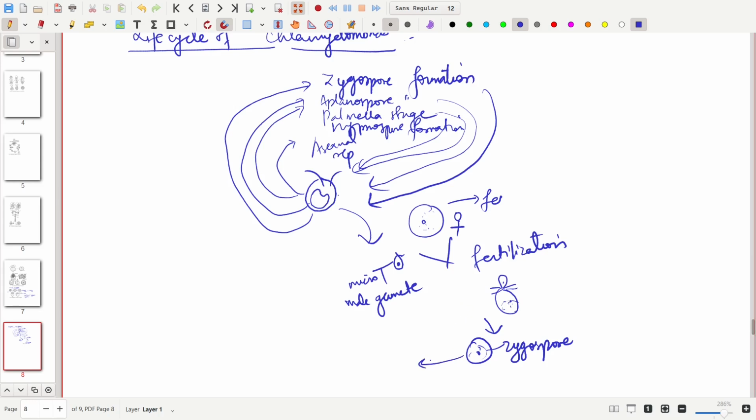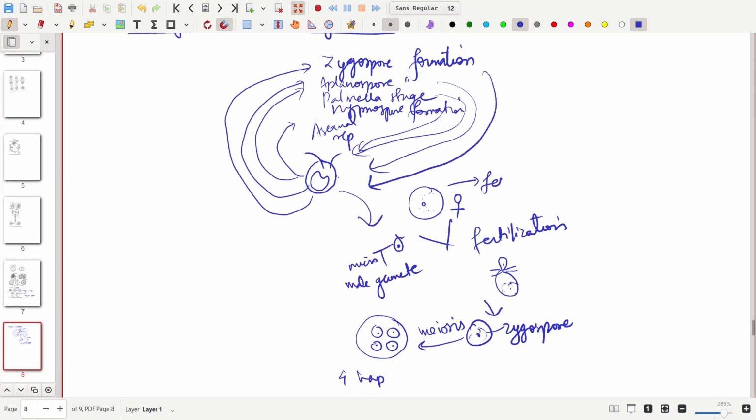After the formation of the zygospore, there is germination of the zygospore through meiotic division, where four haploid nuclei are formed, which after mitotic division lead to the formation of a lot of zoospores.